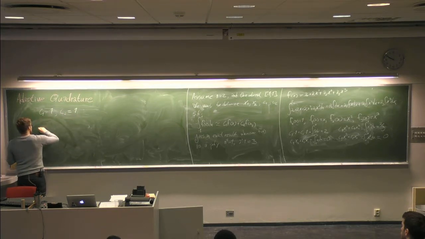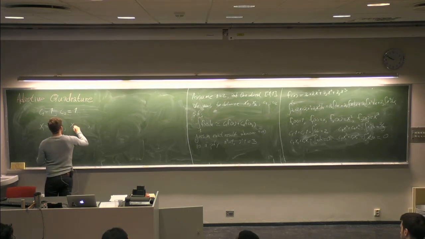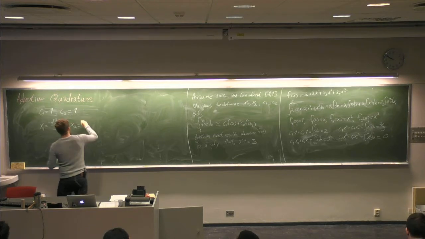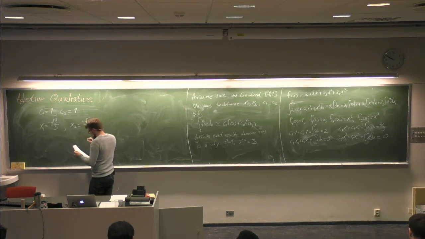That's boring. x1 is minus square root of 3 over 3, and x2 is plus square root of 3 over 3. Like so.